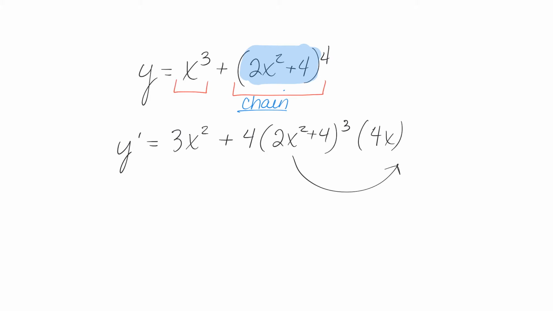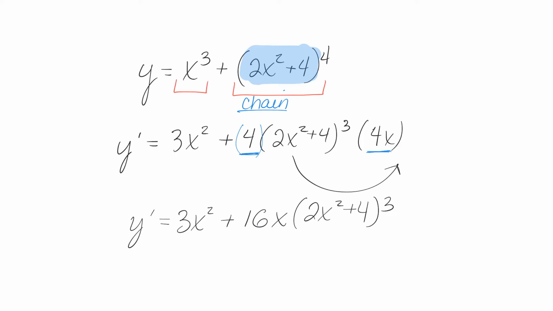Now we can clean this up a bit. This 4 is just being multiplied with this 4x. So let's clean that up, and we'll get y prime equals 3x squared plus 16x times (2x squared plus 4) cubed. We cannot distribute this in or multiply this together because of this exponent. Don't let that get you.